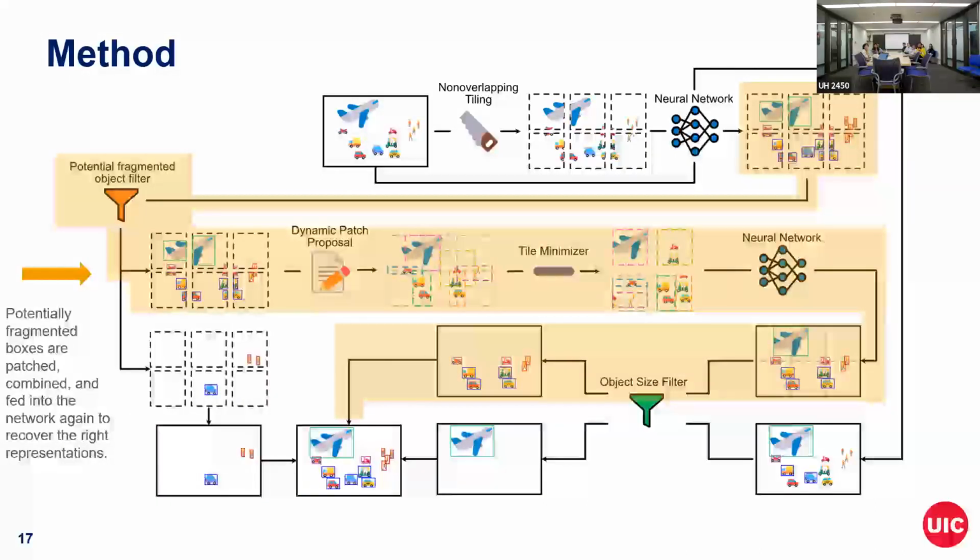The predictions near the edges are considered potential fragmented boxes, and we use them to create overlapping patches. We draw bigger bounding boxes that cover all the potential fragmented boxes and fit them into the neural network to obtain non-fragmented boxes.